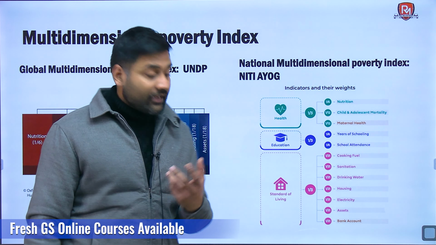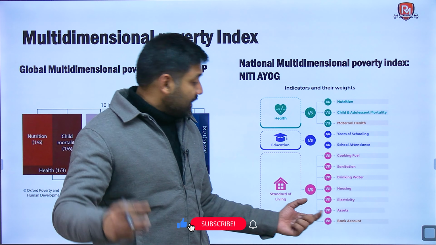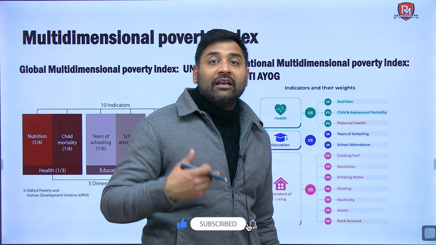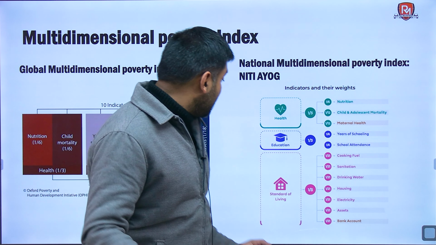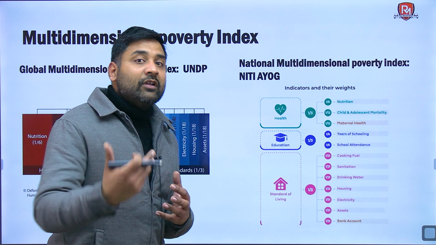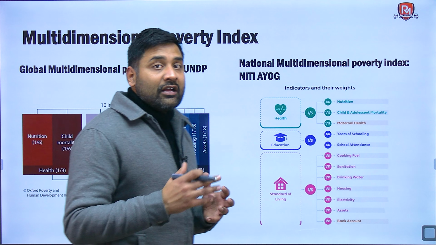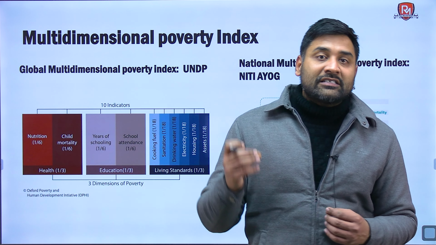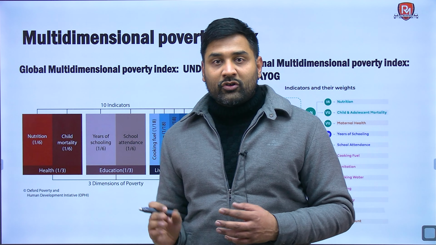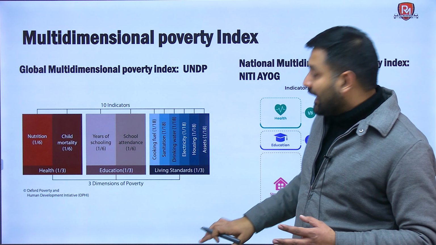The last one is standard of living. UNDP calculates 6 indicators for standard of living, but in India Niti Aayog uses the bank account as an extra indicator to judge the standard of living of a person. So in India, a total of 12 indicators are used by Niti Aayog to calculate multidimensional poverty.